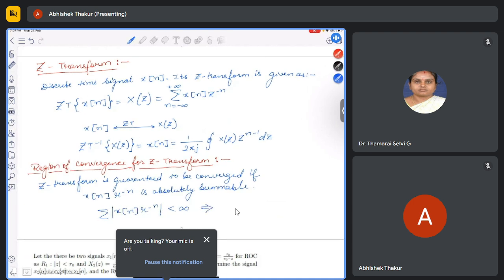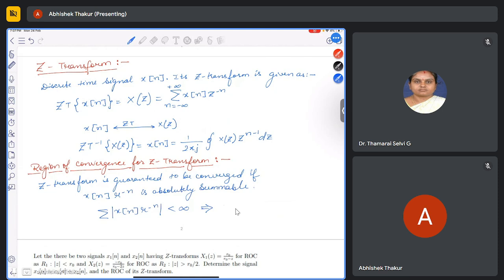So this condition implies that X of z will be finite, the magnitude of X of z will be less than infinity.